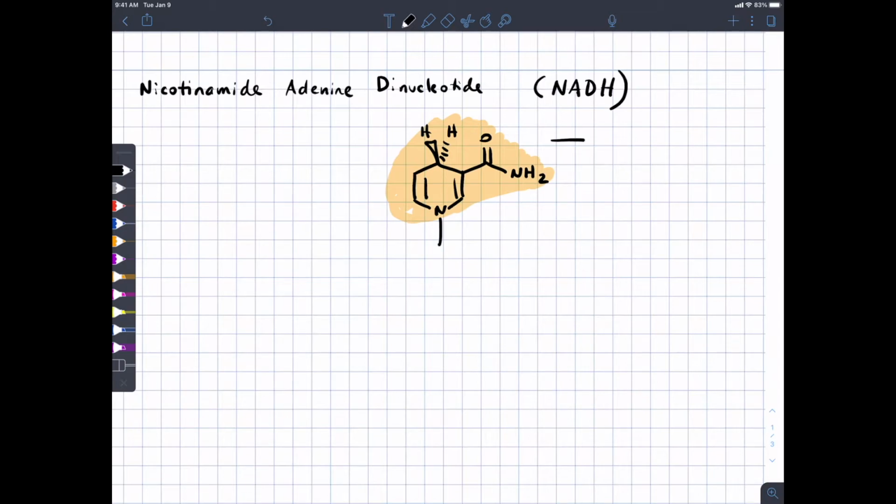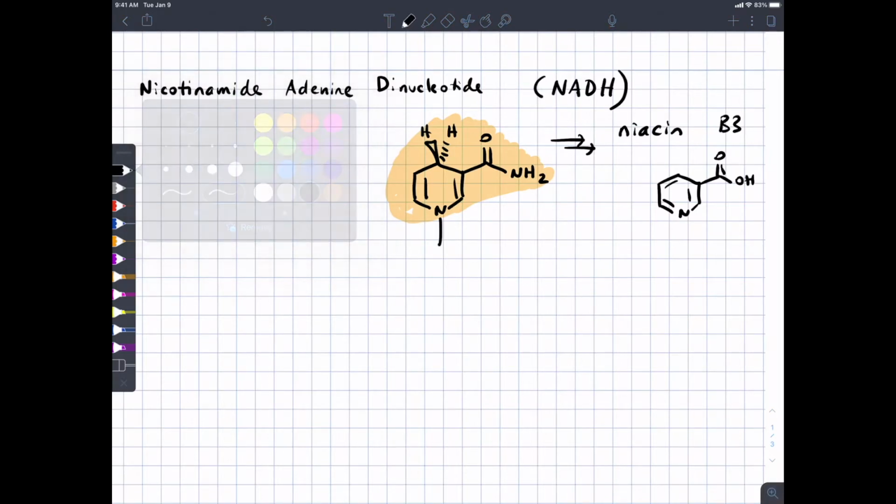This portion we get from the vitamin niacin, which is vitamin B3. The precursor is, let me get that right maybe. Yeah, that's niacin. So when you see on your marshmallow mateys in the morning that it's fortified with niacin, it's got some of that in it. And why? Because you need to be able to make NADH.